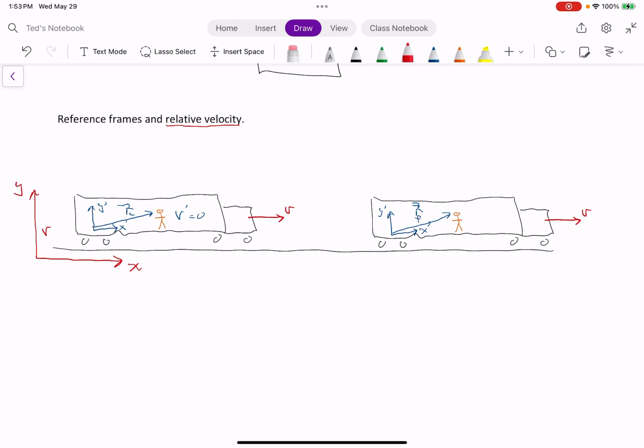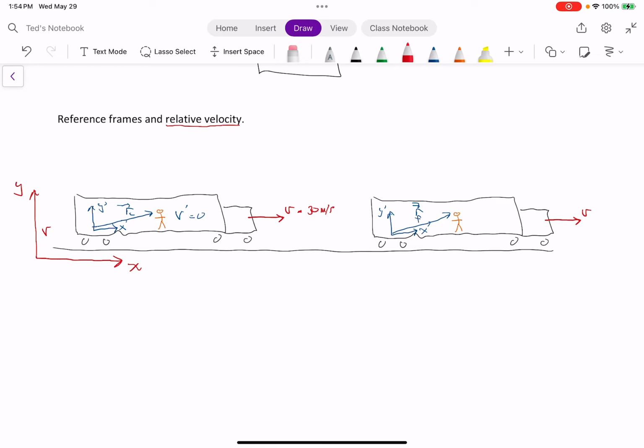So in this blue coordinate system that's moving with the truck, this person has a velocity of 0. In the red coordinate system that's moving with the Earth, the person has a velocity of, let's say, 30 meters per second. So his velocity depends on his coordinate system.